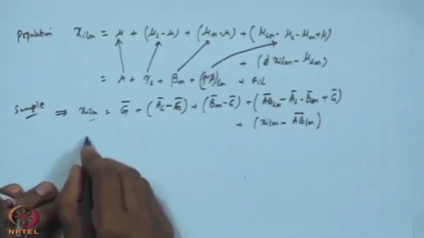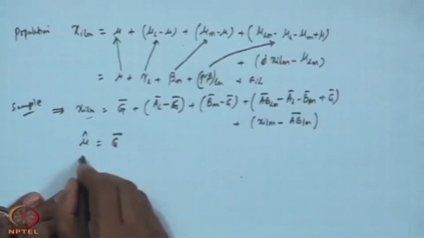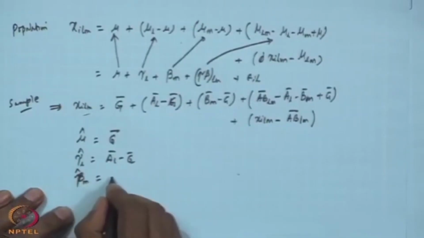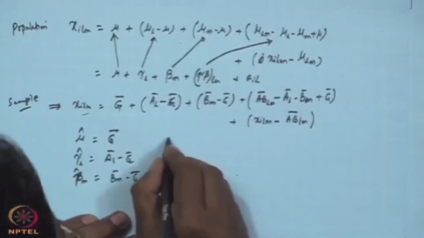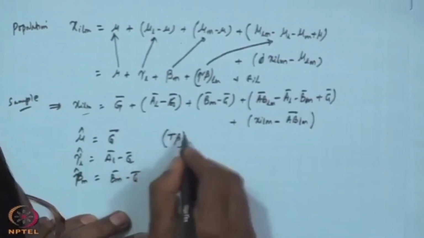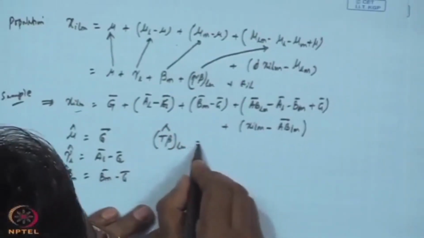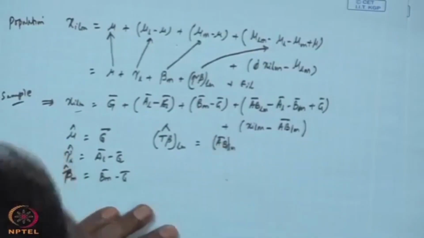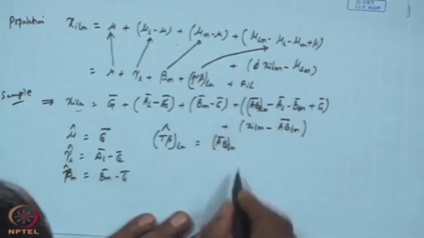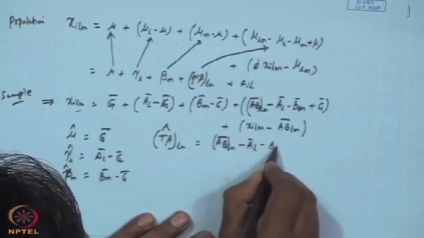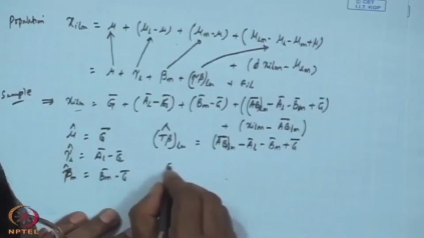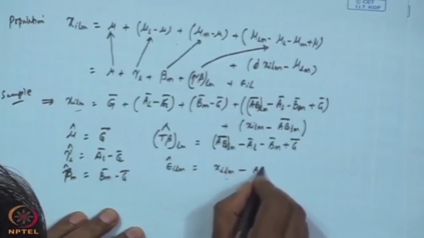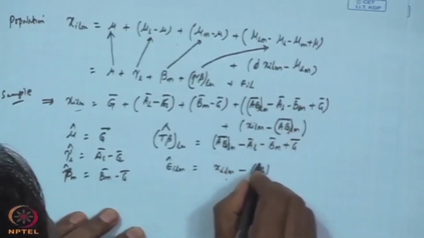That means the estimate of mu is G bar, the estimate of tau_L is A_L bar minus G bar, the estimate of beta_M is again B_M bar minus G bar, then the estimate of (tau beta)_LM is AB bar LM minus A_L bar minus B_M bar plus G bar, and your error portion, epsilon_ILM cap, is X_ILM minus AB bar LM.